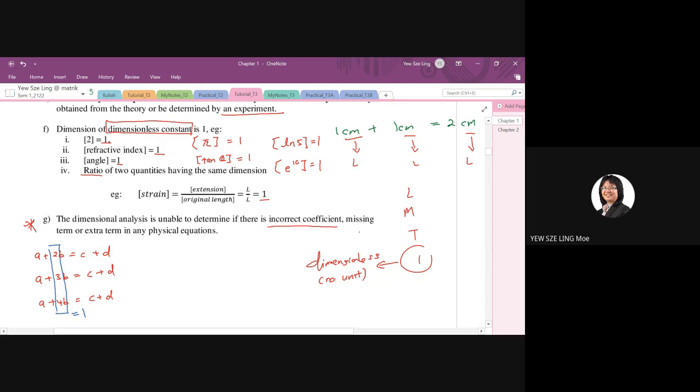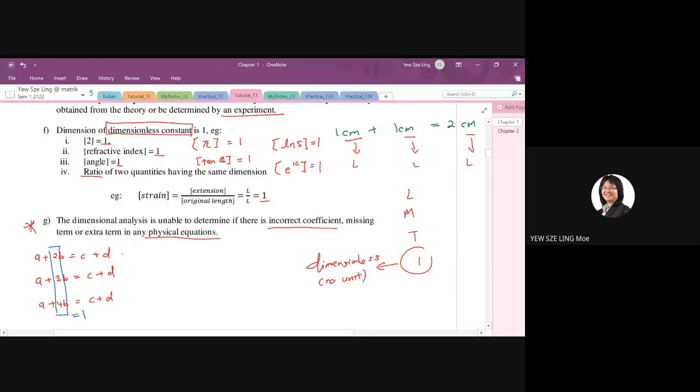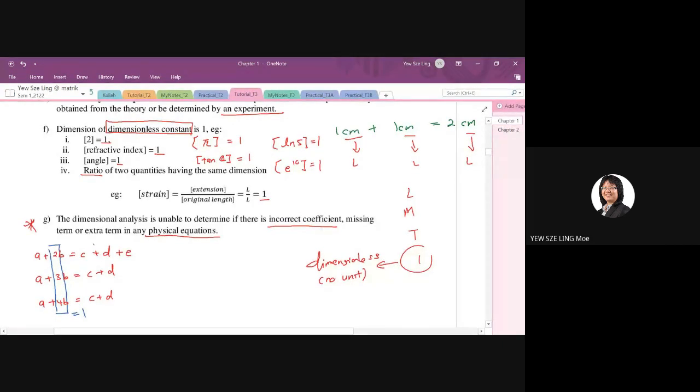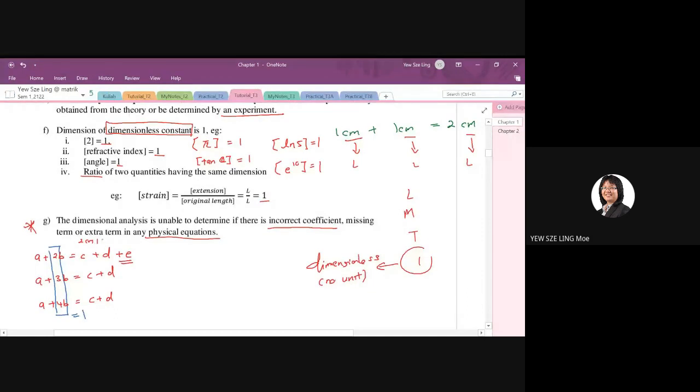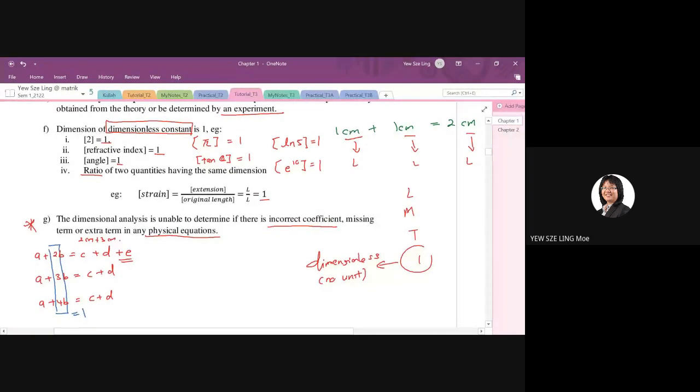All right, and then the missing terms or an extra term in any physical equation. Sometimes there might be another term that comes with the same dimension. For example, now there's an E here. So E has the same dimension as D and C. But when you do dimensional analysis, you don't know whether this E should exist or not. For example, now this C is in terms of cm: 2 cm plus 3 cm, and then plus 4 cm.